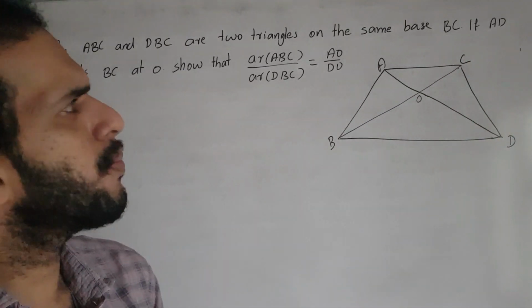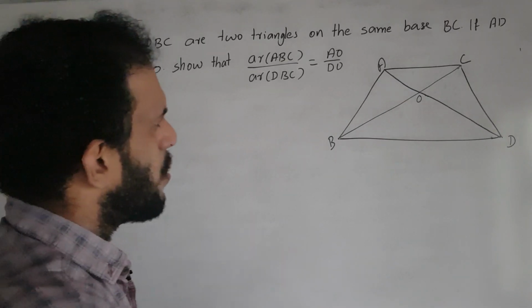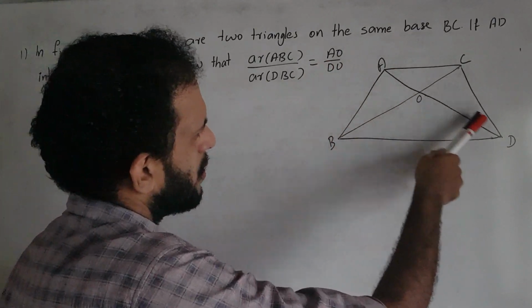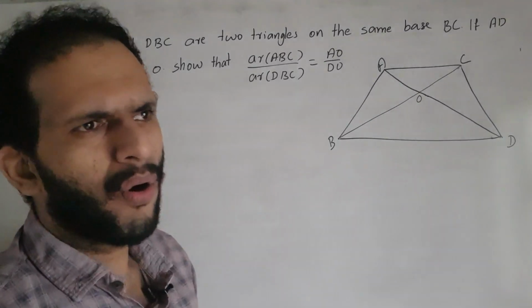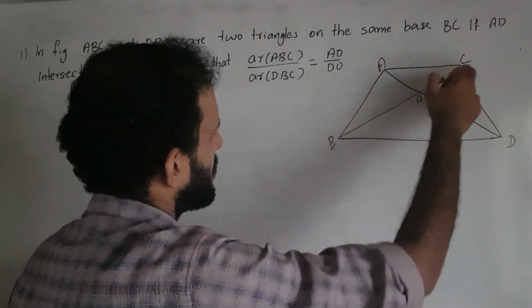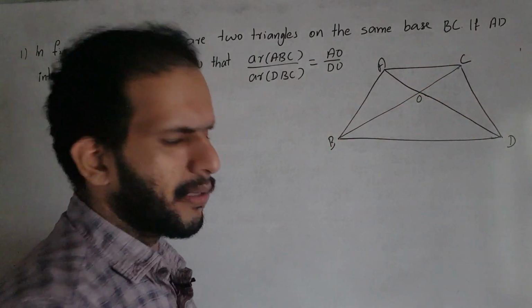And we have one more problem here. What is that? In this figure, AO and DO, AO means this one and DO means this one, correct? AO and DO are not the corresponding sides of triangle ABC and triangle DBC, correct?